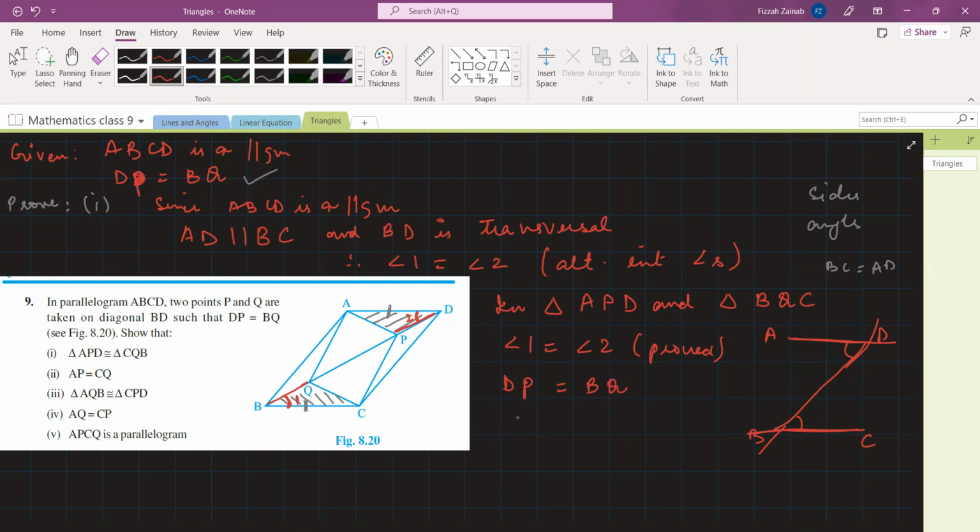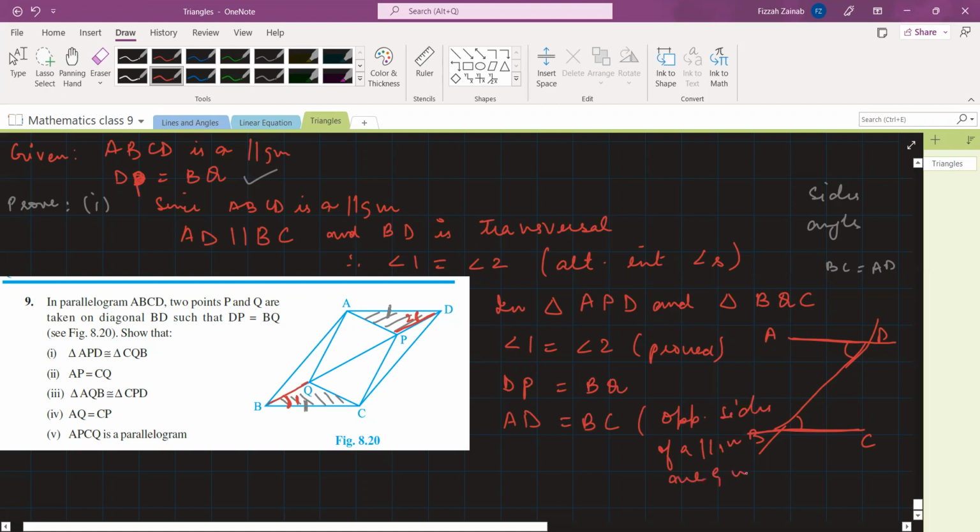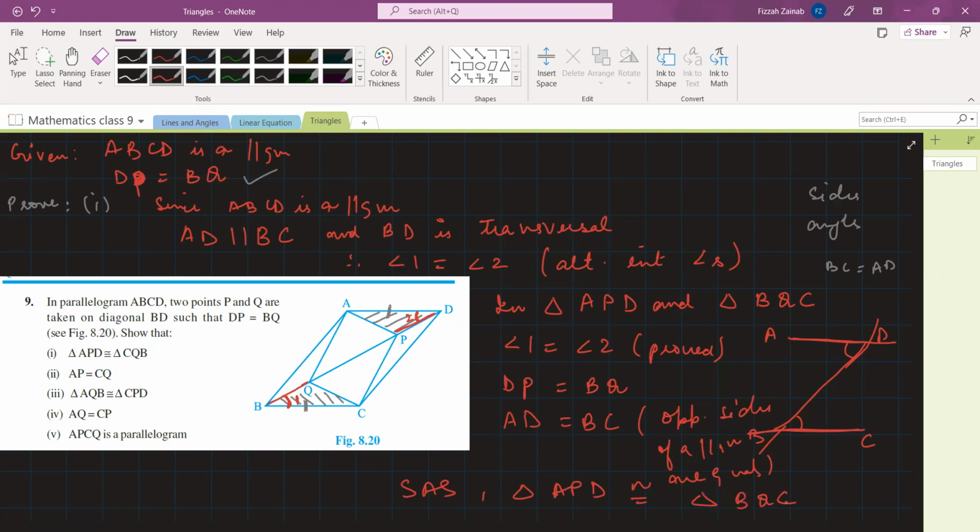And also I can say AD is equal to BC. Why? Opposite sides of a parallelogram are equal. So which criteria? Two sides, one angle. So SAS criteria, triangle APD is congruent to triangle BQC.